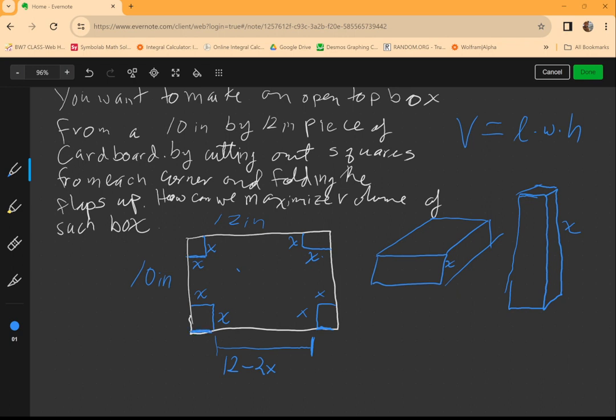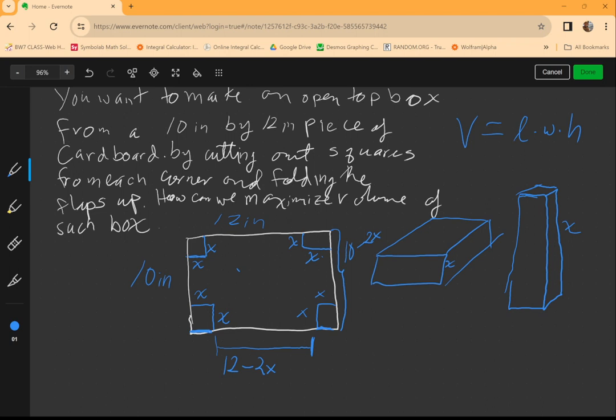I cut out an x on each side. So that'll be 12 minus 2x. And same approach here: the length here is not 10, that's too much, because I've cut out 2x. And height is always x, so h will always be x.